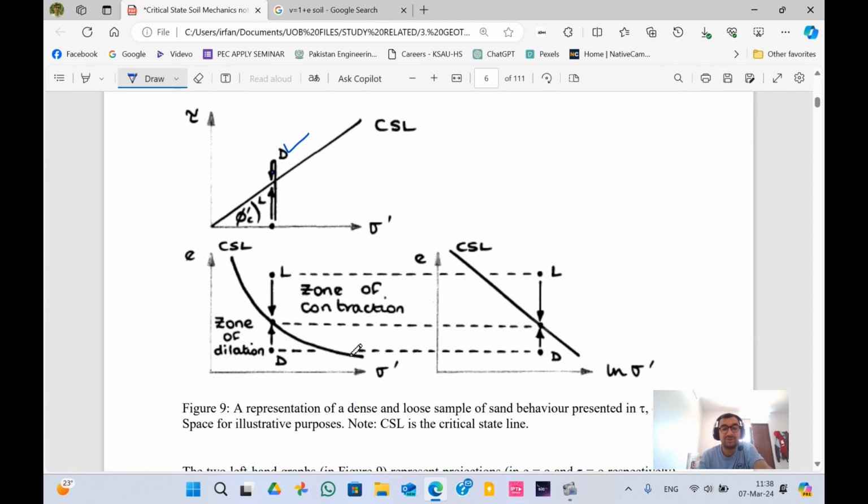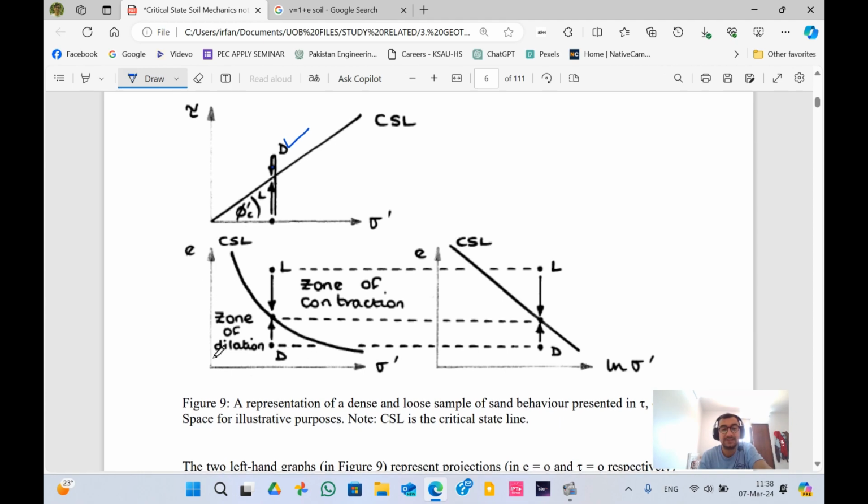Void ratio versus shear stress, another graph, the critical state line. What I want to represent here is that the shear versus effective stress graph has been shown in the first one. But if you plot the same critical state line between the void ratio and effective stress, you will get a curve like this.